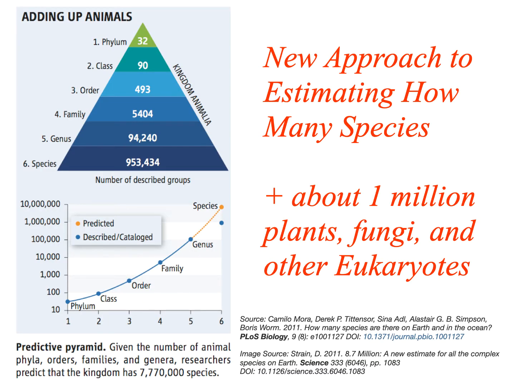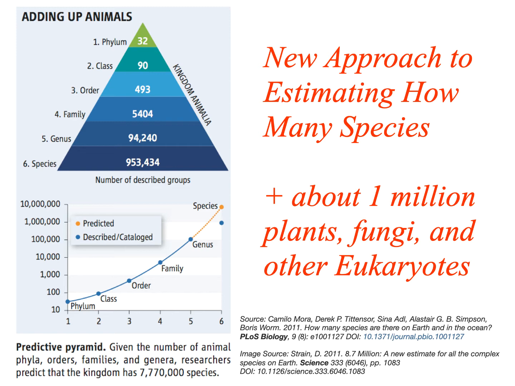One interesting way to figure out how many species there are is to look at the mathematical relationship that exists when you graph how many different phyla, classes, orders, families, and genera there are on our planet, and then extrapolate further to how many species there are.